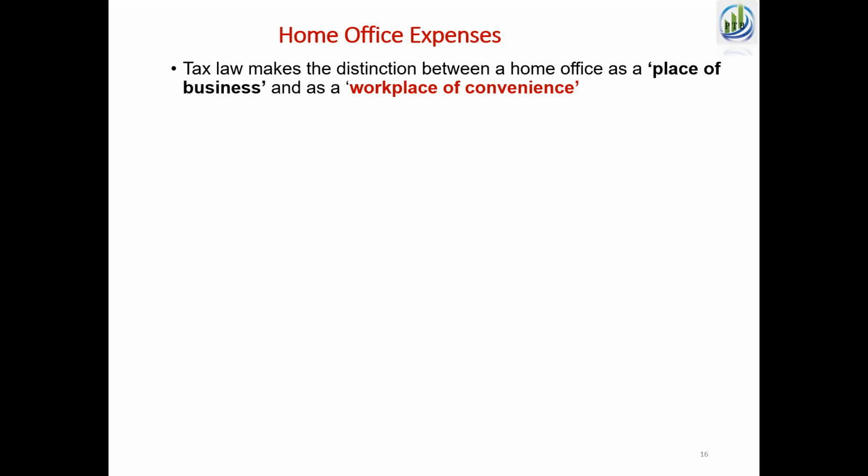I know it is a convenience for the employer as well, but that's the way legislation looks at it. So there are two types of home office: number one, principal place of work; number two, workplace of convenience. The rules are different for both.